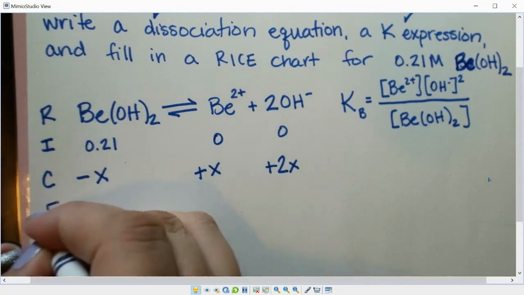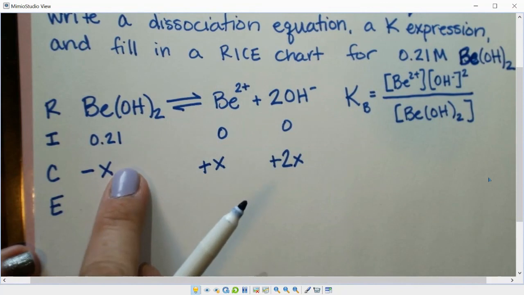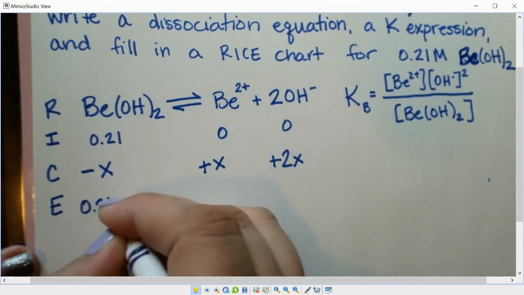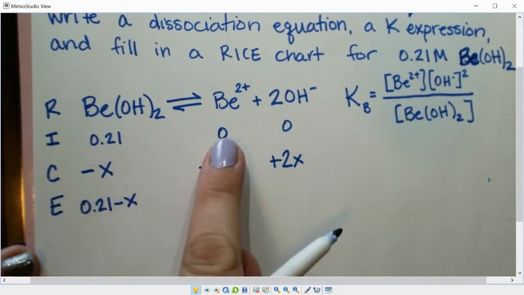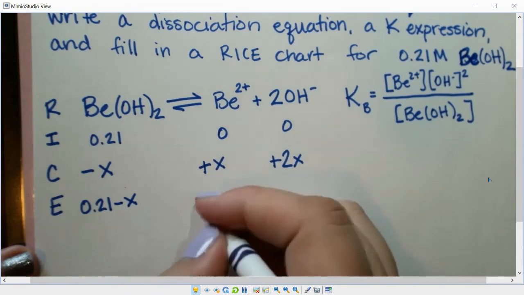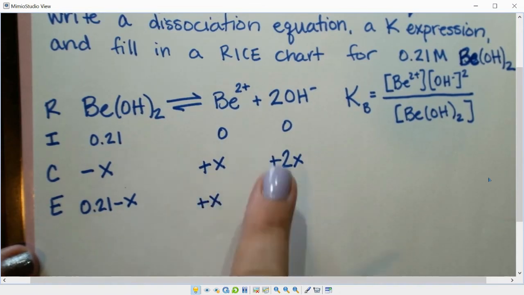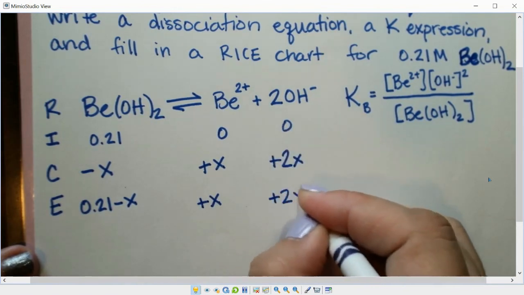And then the last part of filling out this RICE table is I take the I and the C and add them together. So 0.21 plus negative X gives me just 0.21 minus X. Then 0 plus X is just positive X, and 0 plus 2X is just positive 2X.